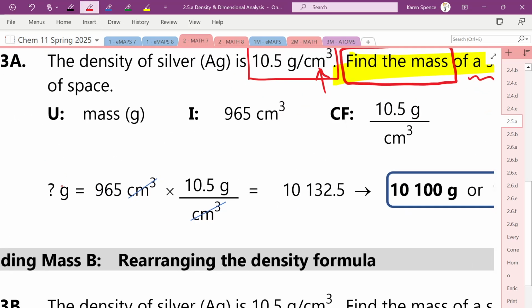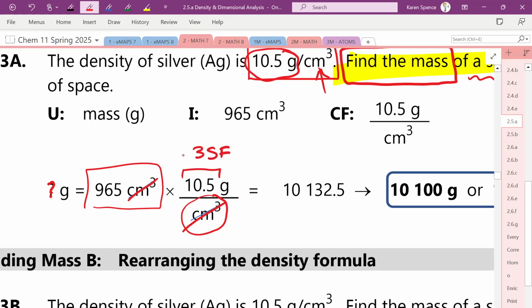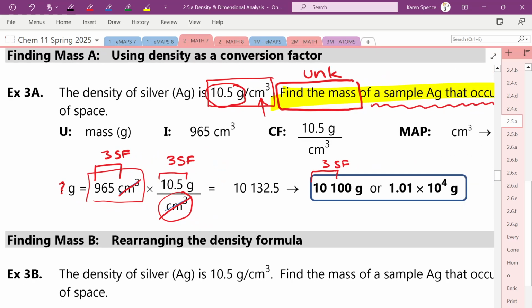How many grams? I start with 965 centimeters cubed. I need centimeters cubed on the bottom. I am given that there are 10.5 grams per centimeter cubed. Centimeters cubed cancel out, and that gives me grams. I only have 3 sig figs here, 3 sig figs here. So that gives us 3 sig figs here. Or you could write it as 1.01 times 10 to the 4, which is kind of nice.